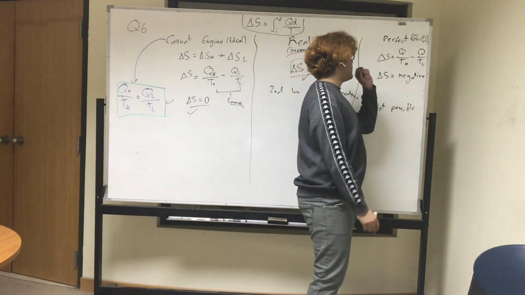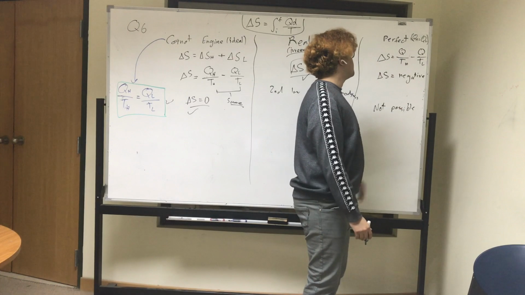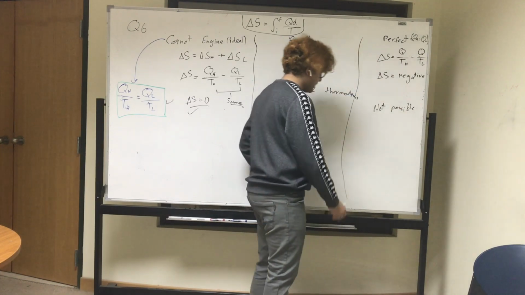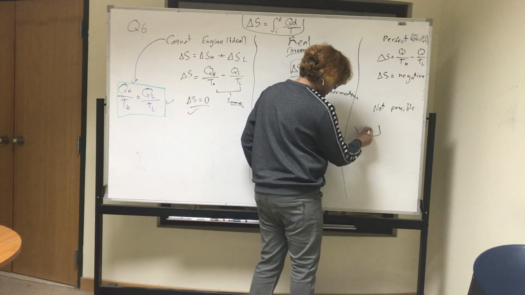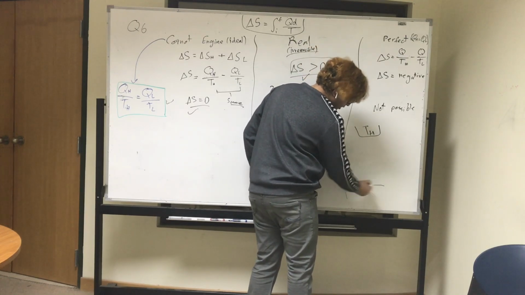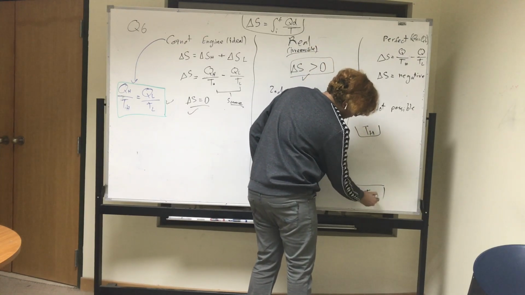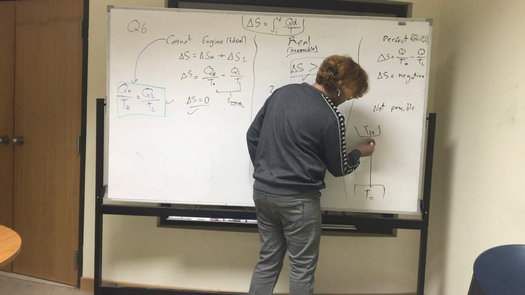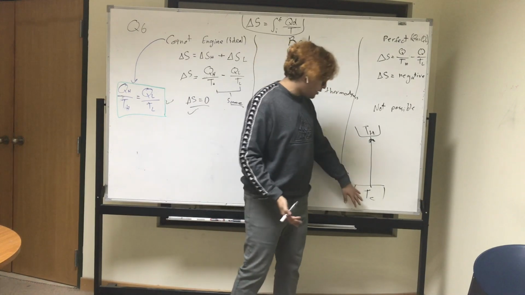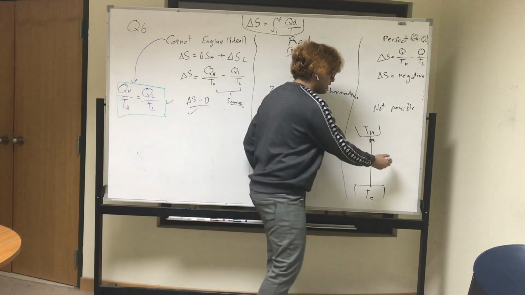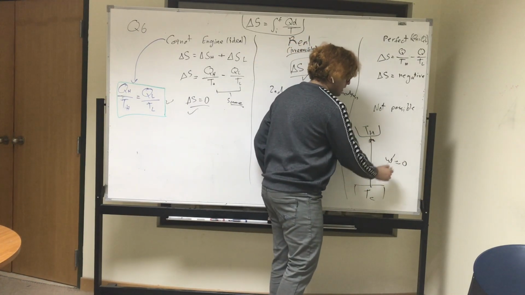Our last case is the perfect engine. In a perfect engine, we have a hot reservoir and a cold reservoir, and we're assuming that we're extracting heat from the cold reservoir to the hot reservoir without doing any work.